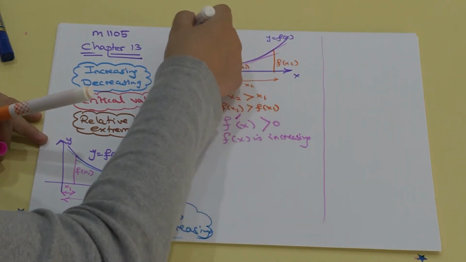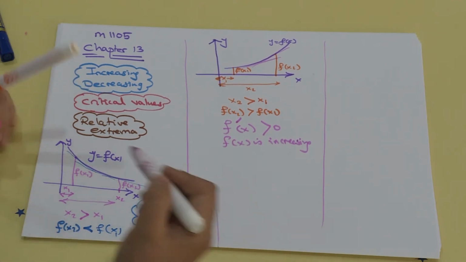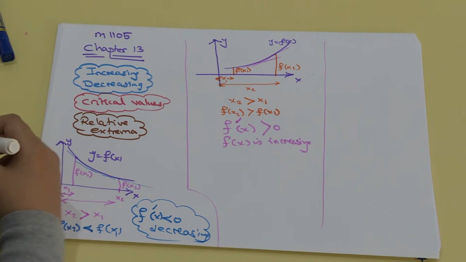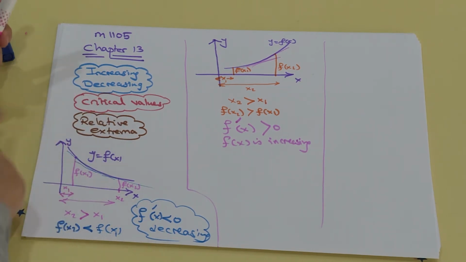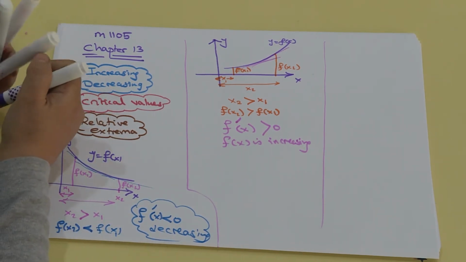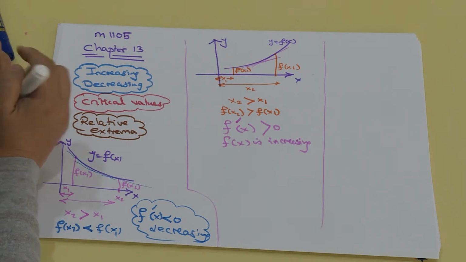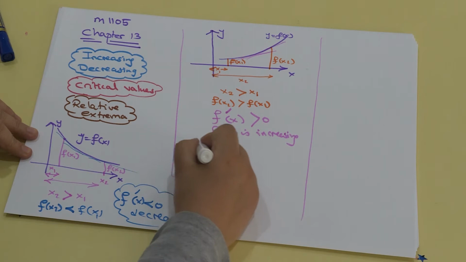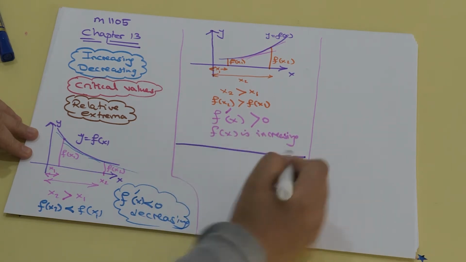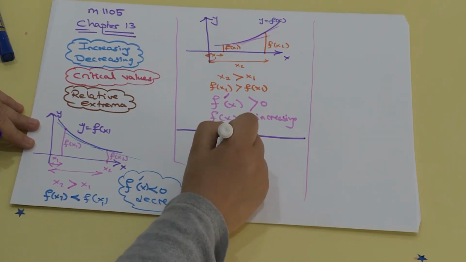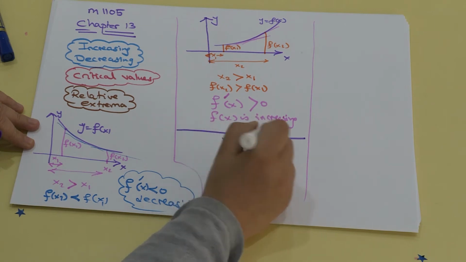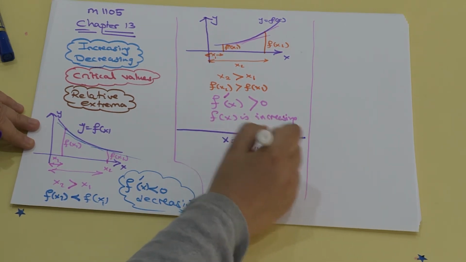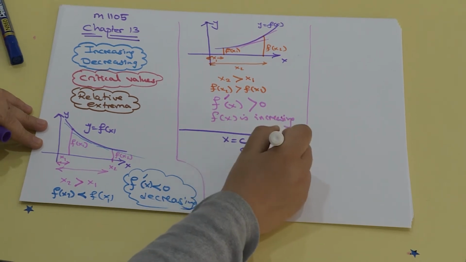So that's interesting. Now we have the two definitions for increasing and decreasing functions individually, and we move forward to the second thing. Whenever we say a value x is a critical value, x has to satisfy a certain condition. x equal to c is called a critical value. First of all, this c has to be in the domain of the function.